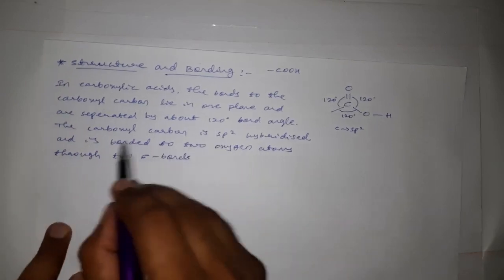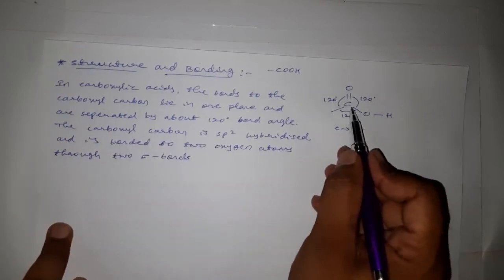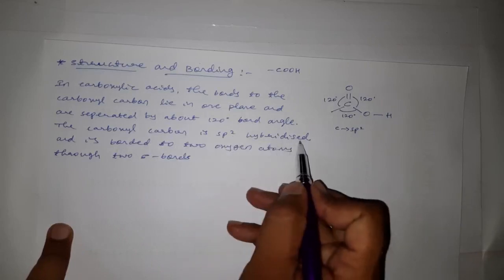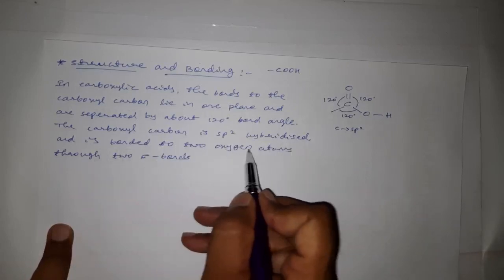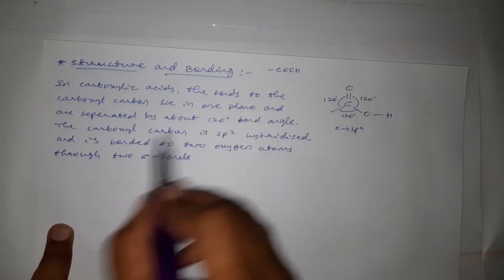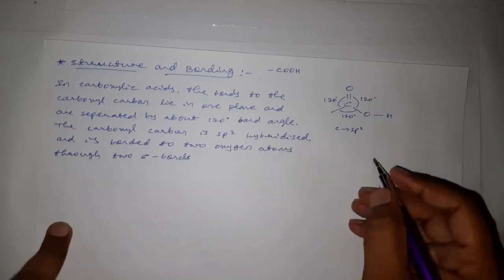See here, the carboxyl carbon, that is the central carbon, is sp2 hybridized and is bonded to two oxygen atoms through two sigma bonds. How is it?